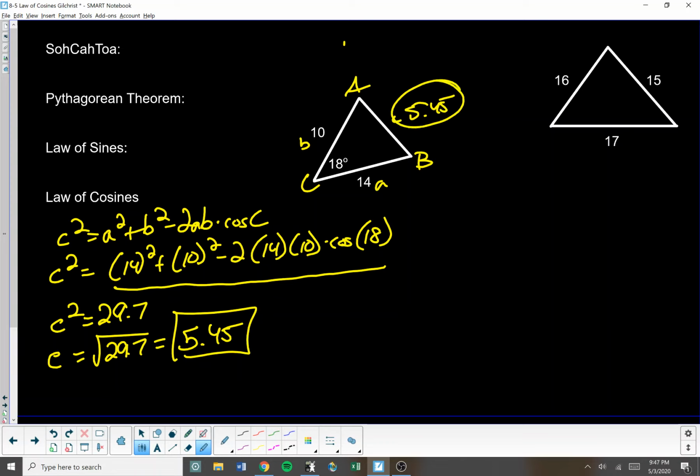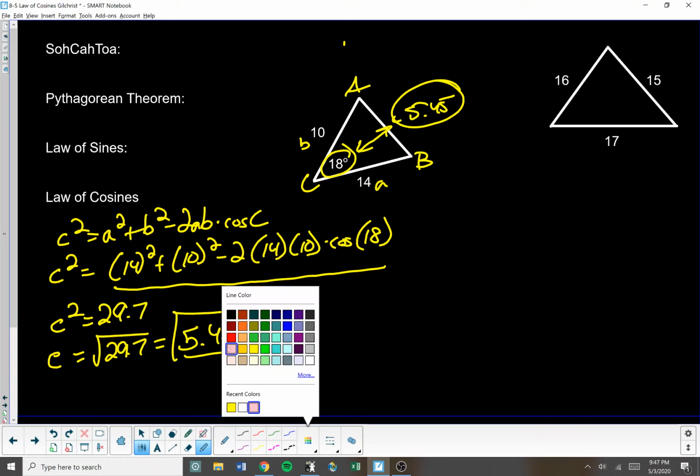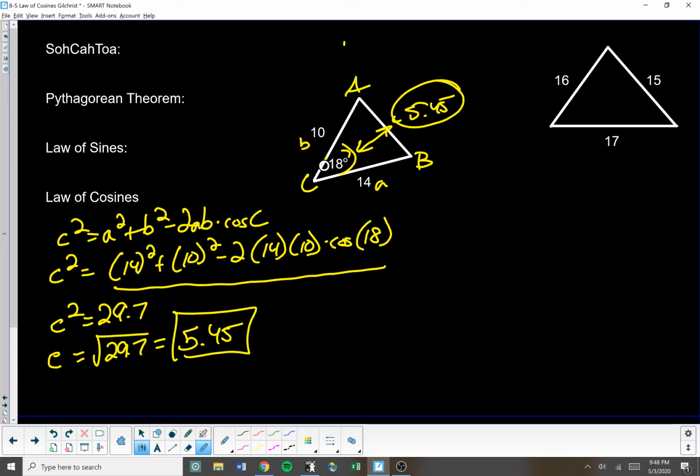It makes sense that it would be a very small size because this is a very small angle. The smallest angle should go to the smallest side. It doesn't match the picture very well, but that's okay. Now, here's the thing. Now that we've found this side, we have an angle side pair. Do you see? Side C and angle C are now known.